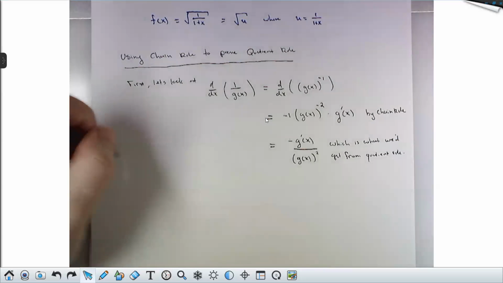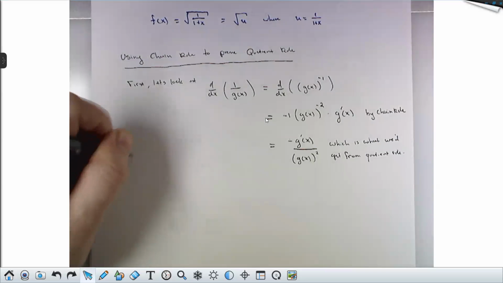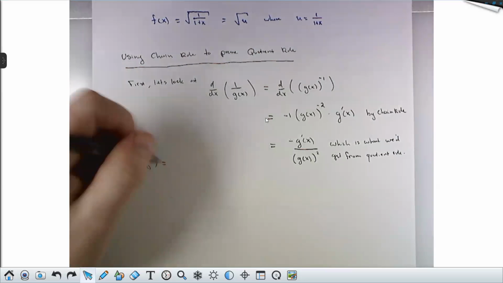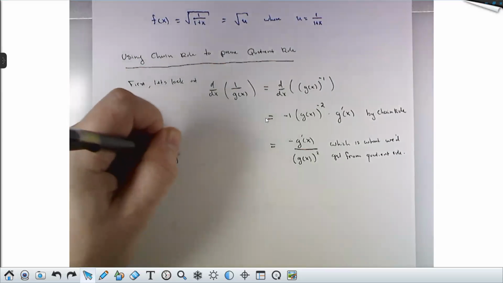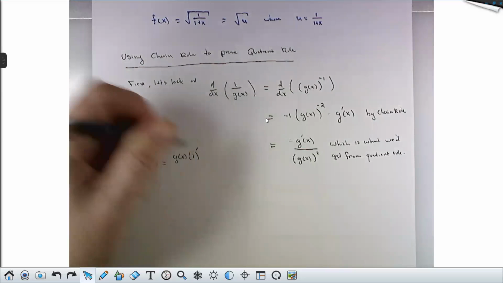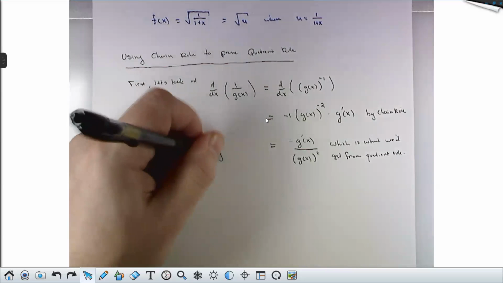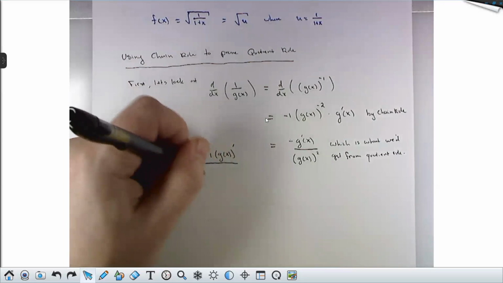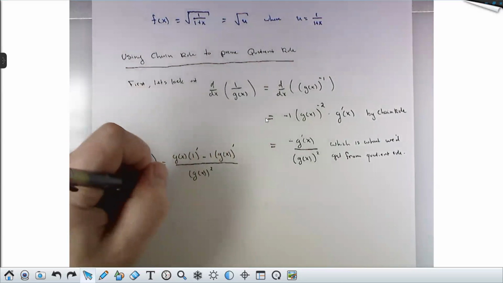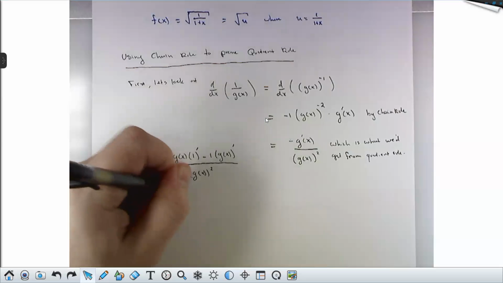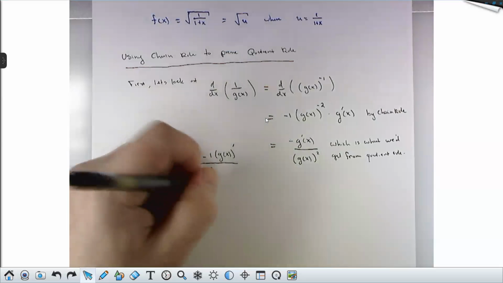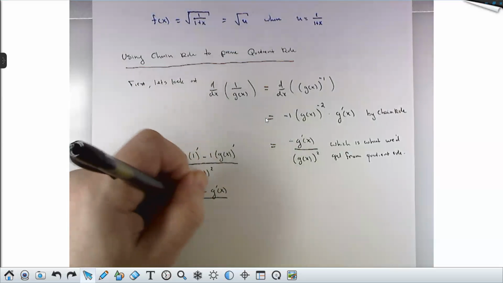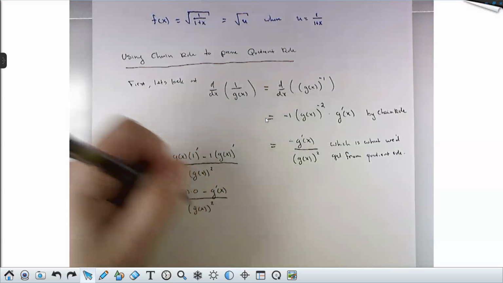All right, and if we applied the quotient rule to 1 over g of x, we said it, but let's go ahead and do it. This would be the bottom times the derivative of the top minus the top times the derivative of the bottom all over the bottom squared. And since the derivative of 1 is 0, and the derivative of g is g prime, it really is the same thing.